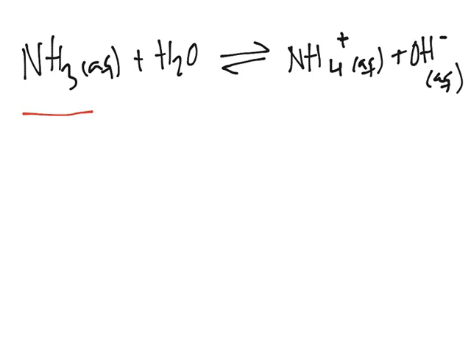The NH3 first had 3 hydrogens, and now it has 4 hydrogens. And the H2O first had 2 hydrogens, and now it has 1. So the H2O lost one proton, it donated 1 hydrogen. So this is our acid. And it means that the NH3 accepted 1 hydrogen, so this is our base.